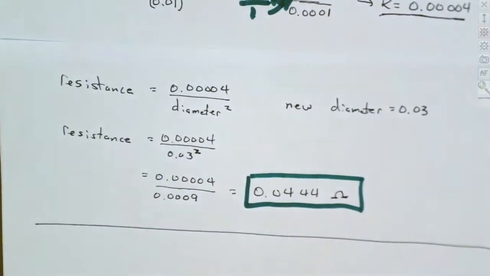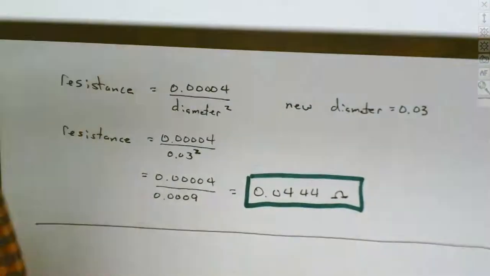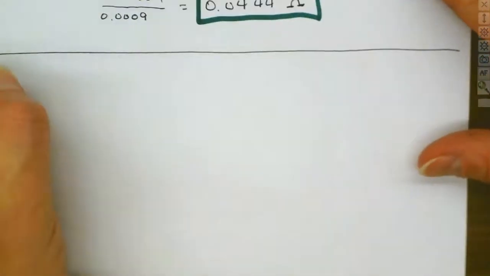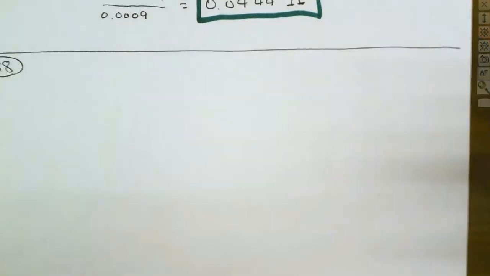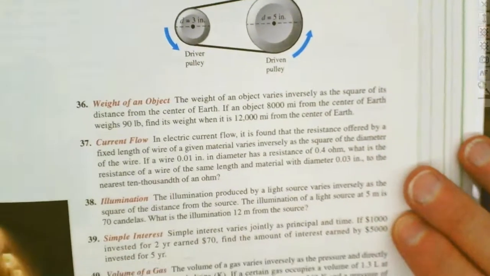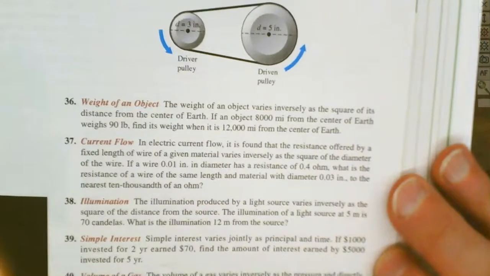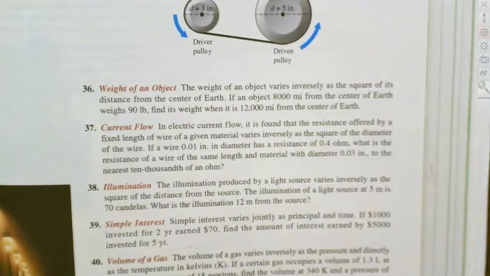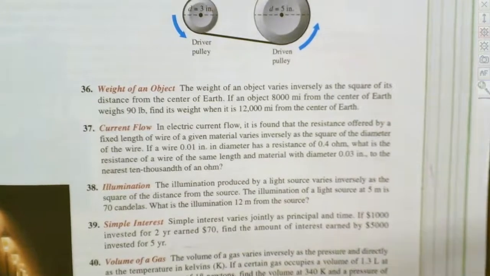Okay, let's try another one. Let's look at 38, which is illumination. Okay, so 38. We're looking at the light source. Now, illumination is how many candles it looks like.